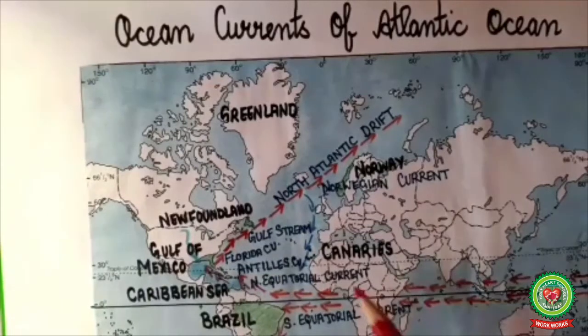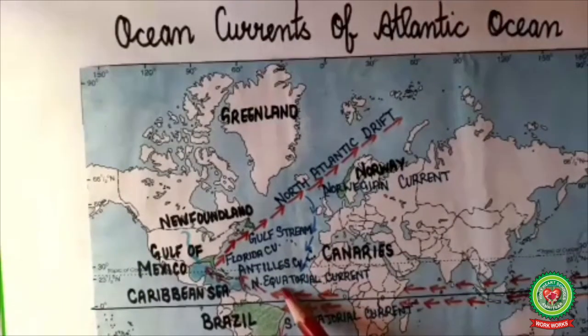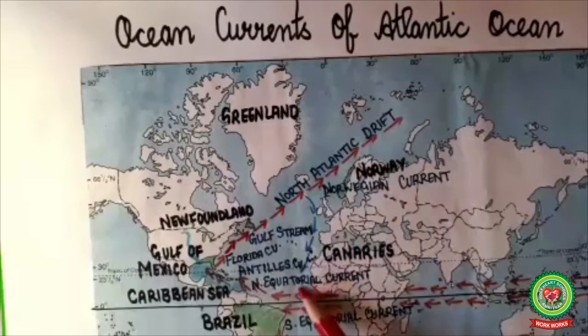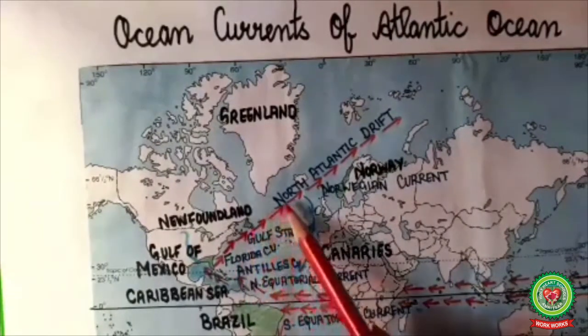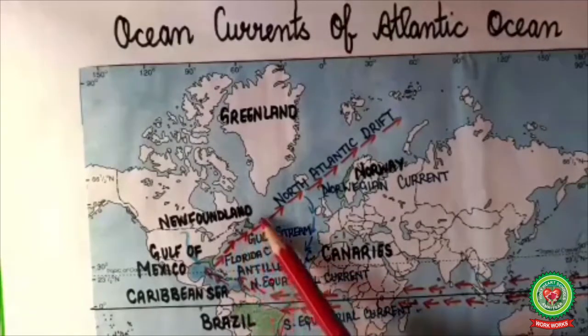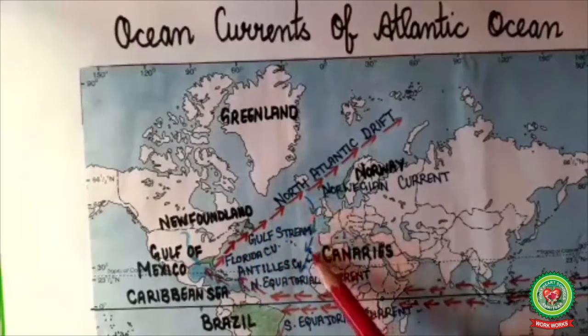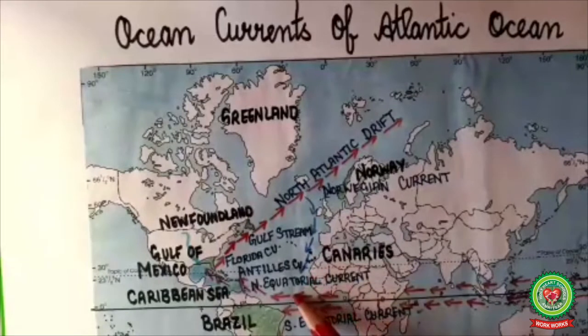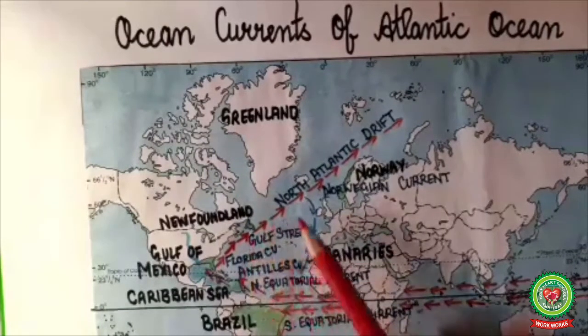Finally, the Canaries current merges with the north equatorial current, and this circuit is complete. You can see this is a clockwise circuit of the ocean current in the northern hemisphere. It is due to rotation of the earth that they are moving towards their right side.